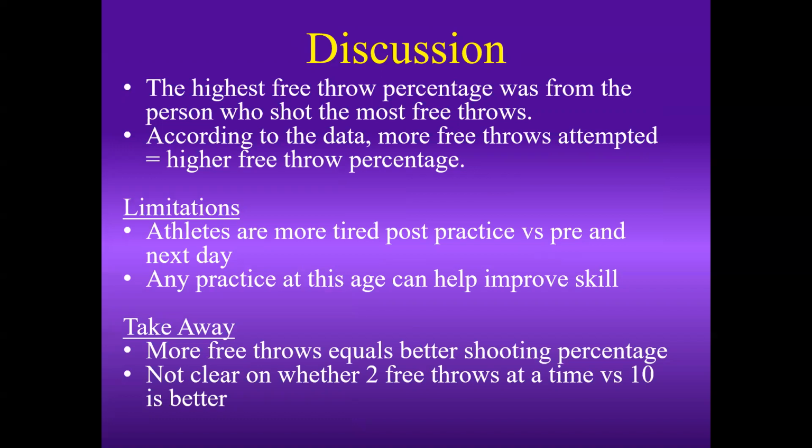This could be because the athletes are younger, so any practice at this age could help improve their free throw skills. Just practicing free throws, whether 2 at a time or 10 at a time, would improve the athlete's ability to make free throws because they're honing those skills, and it's a skill that's not fully developed yet.